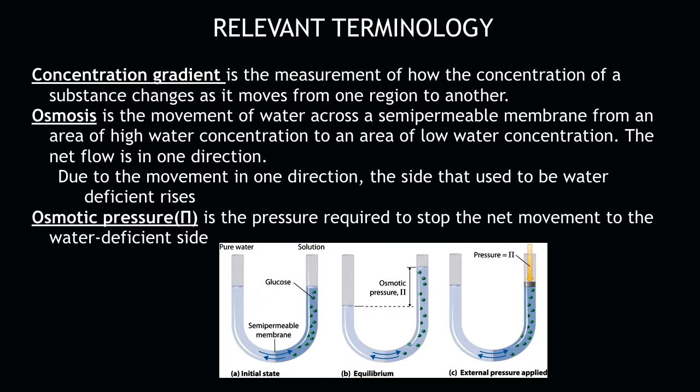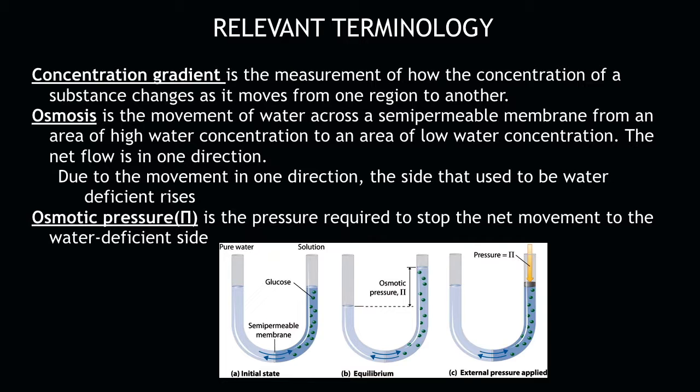As you can see in this graphic, in the initial state A, you have the semi-permeable membrane in the middle and a lot of glucose on the right side, which forms a solution with the water, versus the left side, which is just pure water.